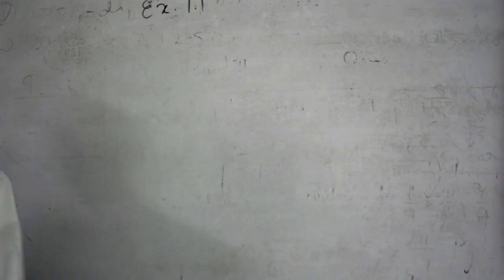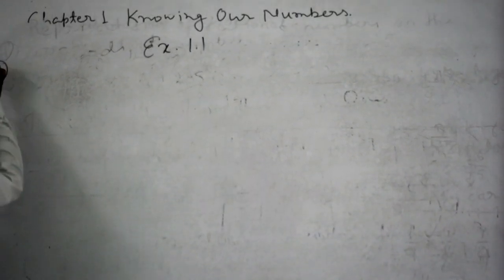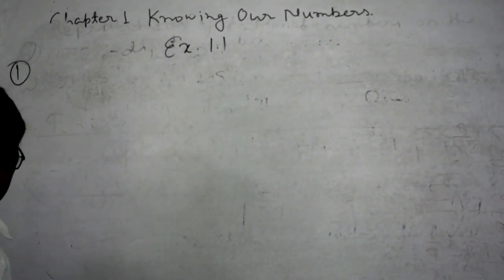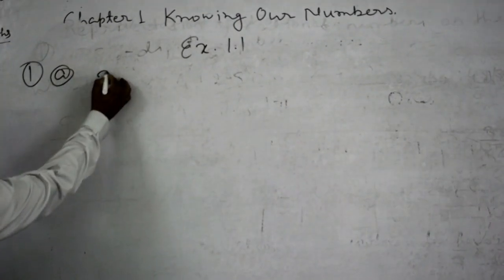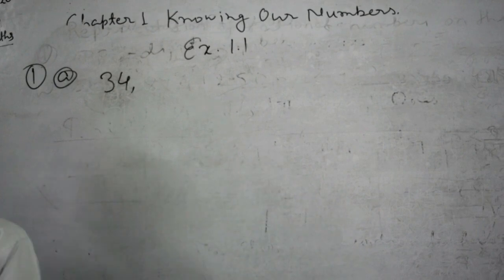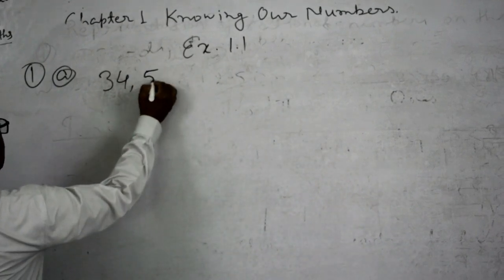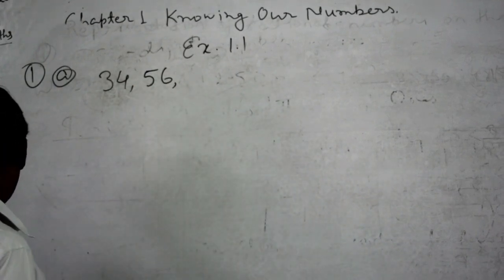Number 1, the first question is A, 34, then comma, here 56, and then you have the 809.